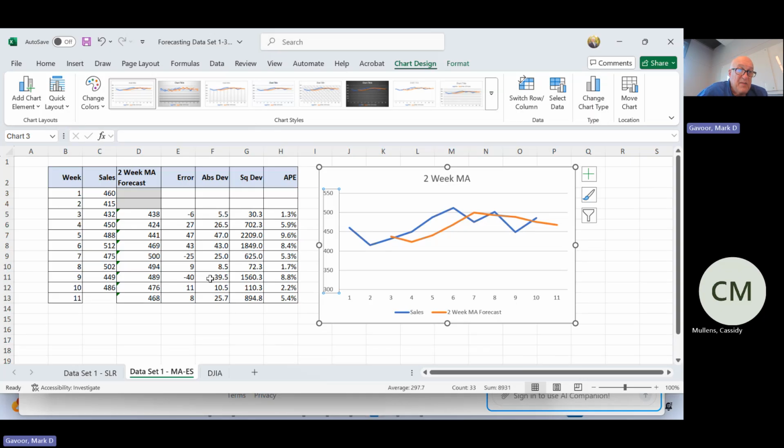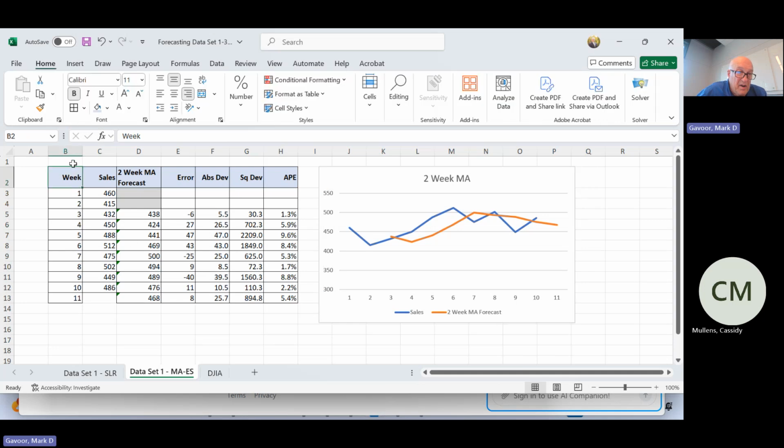Now, what if I want to do the same thing, but I want to use exponential smoothing? Well, let me put it right here. This is 2-week moving average.